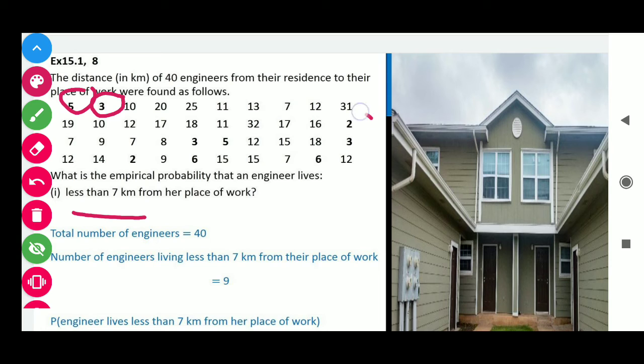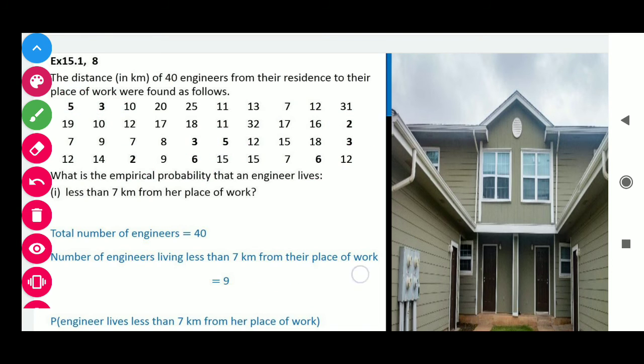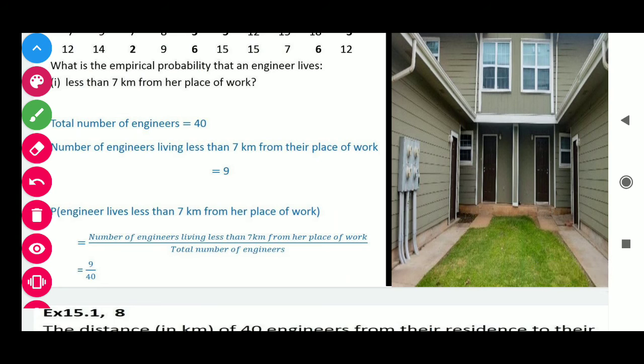So here is 2, 3, 6, 5, 3, 6, 2. Now you can add all the numbers and you can observe that these are 9 in number. So students, in this way we get the probability that an engineer lives less than 7 kilometers from her place of work is 9 over 40.